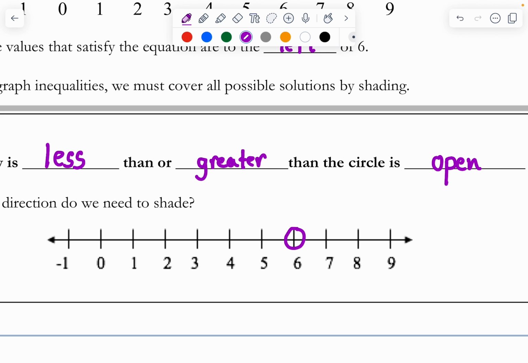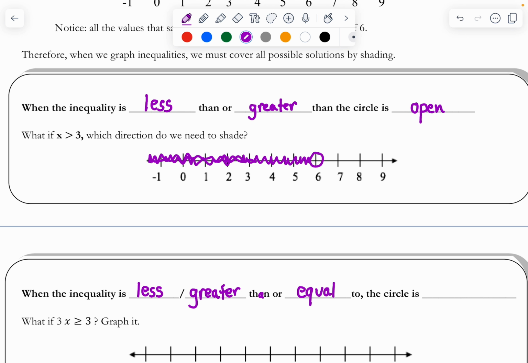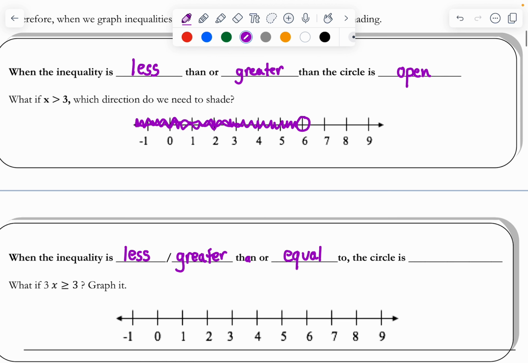We're just going to say, okay, here you can't have 6, but starting immediately less than 6, you're okay. So if we wanted to look at 5.9, that is less than. But 6 does not work. Make sure you go all the way to the end of that graph. Greater than, we're just going to go to the right, as we'll see in a second.